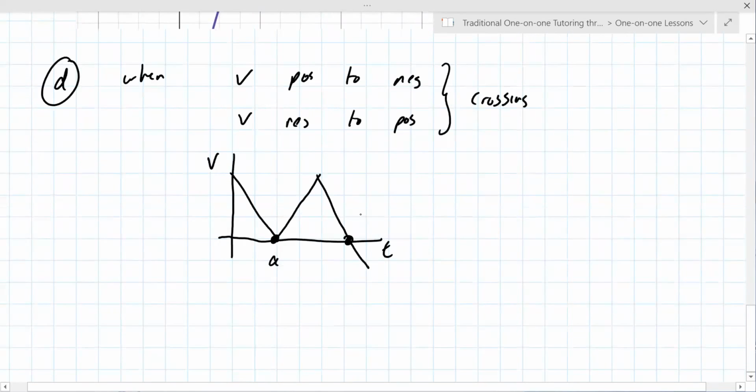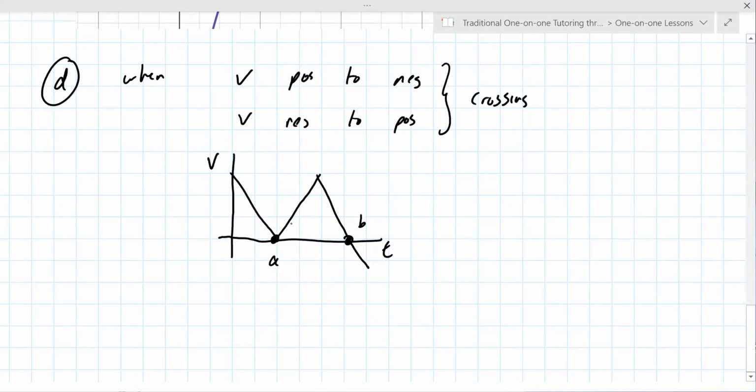That's A and that's B. Just B, because that's the only crossing. It doesn't matter if it touches or bounces, it's got to cross. Does that make sense? Yeah, that makes sense.